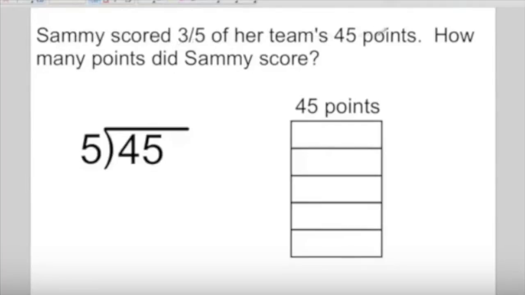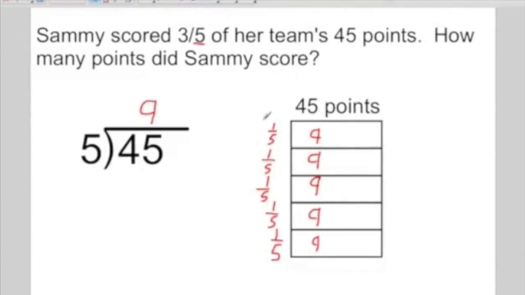Three fifths of her team's 45 points. How many points did Sammy score? The numerator is not 1, but I still start off by dividing by the denominator. 45 divided by 5, that's 9. So I divided by the denominator, which was 9, and now I'm going to section off 3 of them.